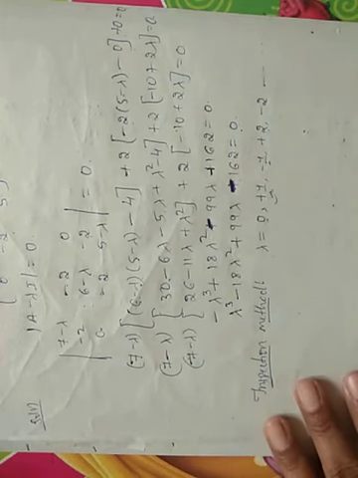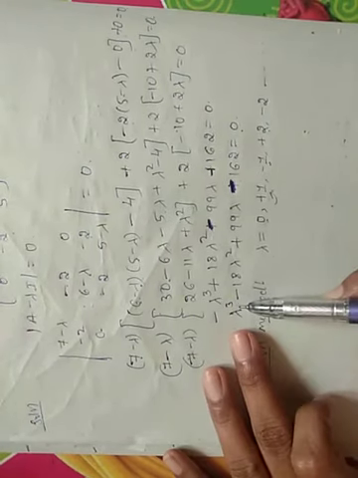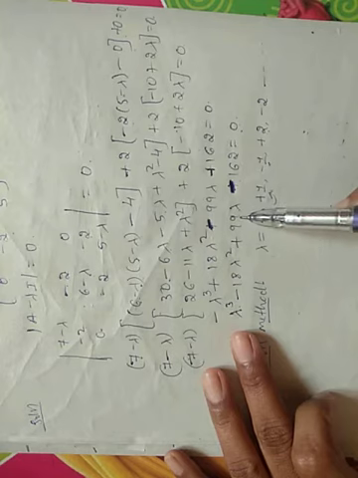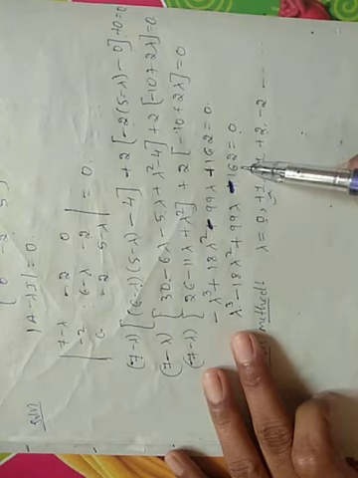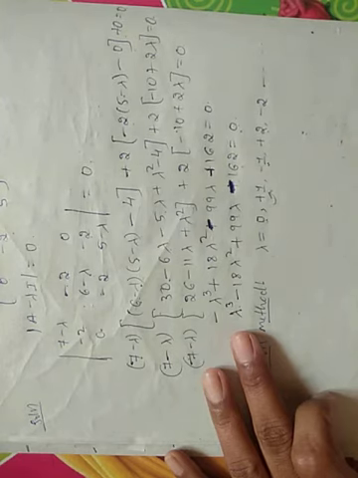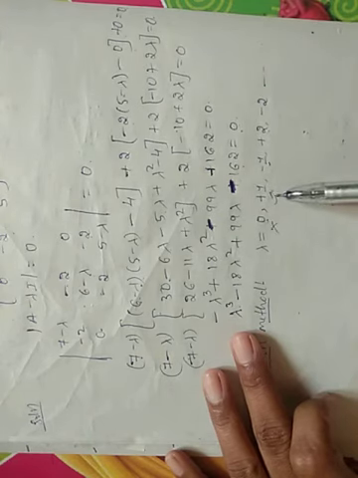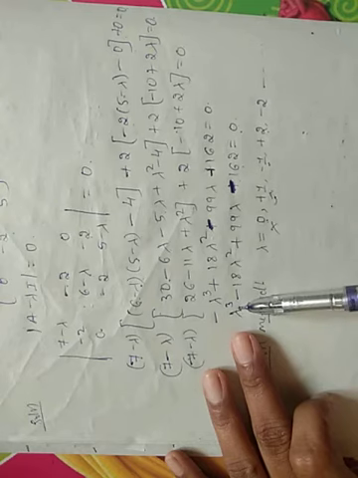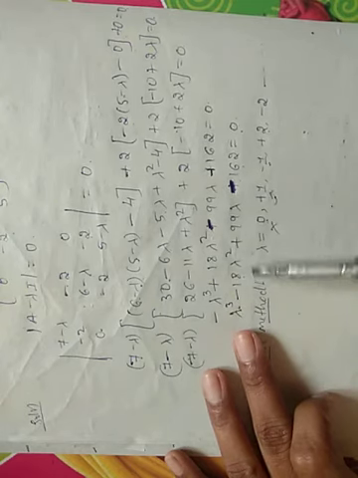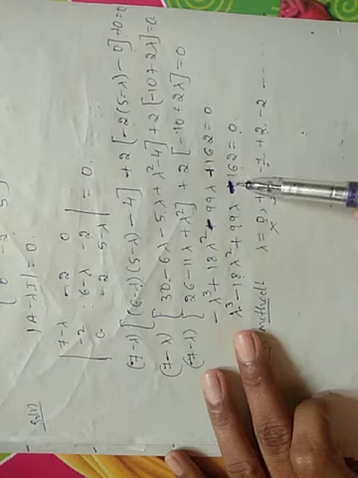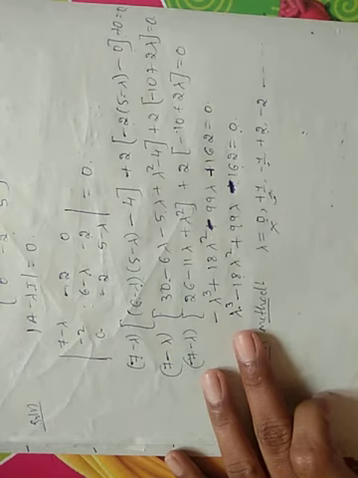So I start the procedure here. When you put lambda equal to 0, this term is cancelled, this term is cancelled, this term is cancelled, we are left with minus 162. So that equation is not satisfied. So lambda equal to 0 is rejected. Come to plus 1: 1 minus 18 plus 99 minus 162 is not equal to 0.